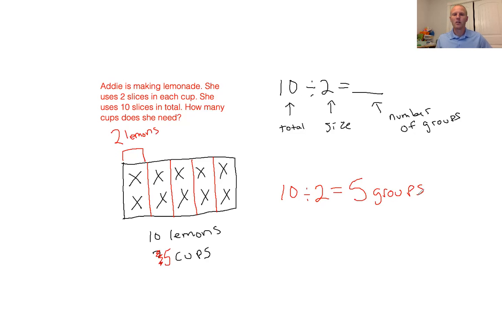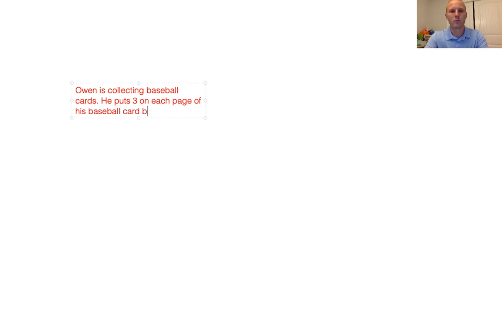Okay. Let's do another example. We could say that Owen is collecting baseball cards. He puts 3 on each page of his baseball card book.